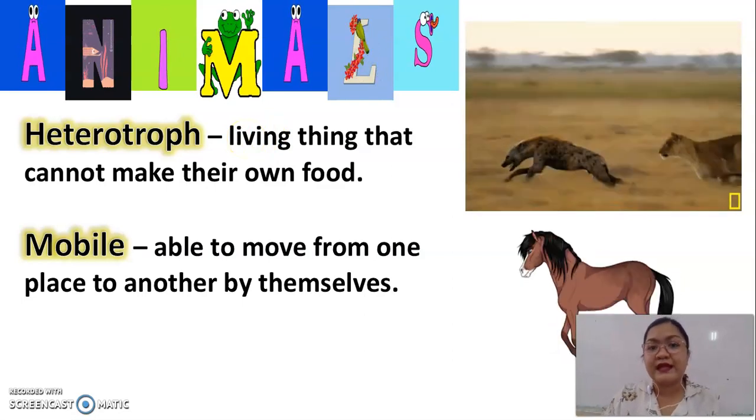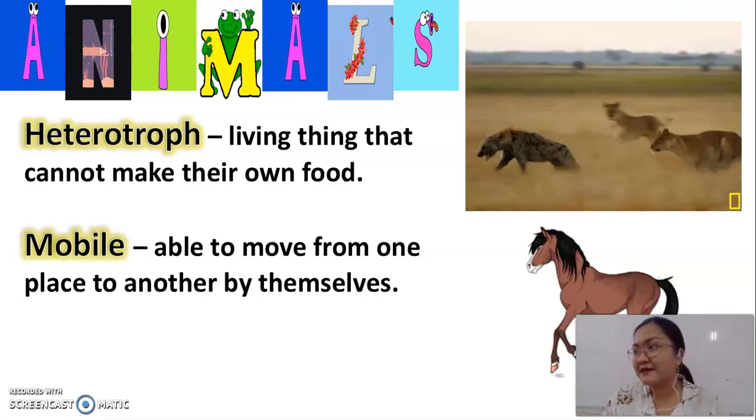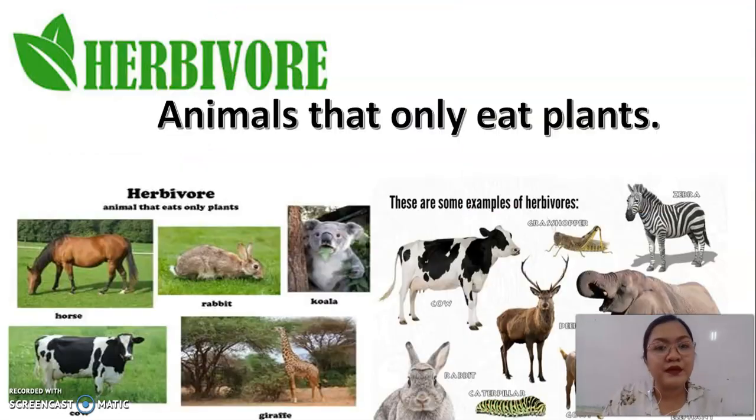Okay, but what do they eat? What do animals eat? Can you tell teacher? Okay, very good. So number one, we have what we call animals that are herbivore. Again, everybody, can you say herbivore? Very good. One more time. Herbivore. Very good.